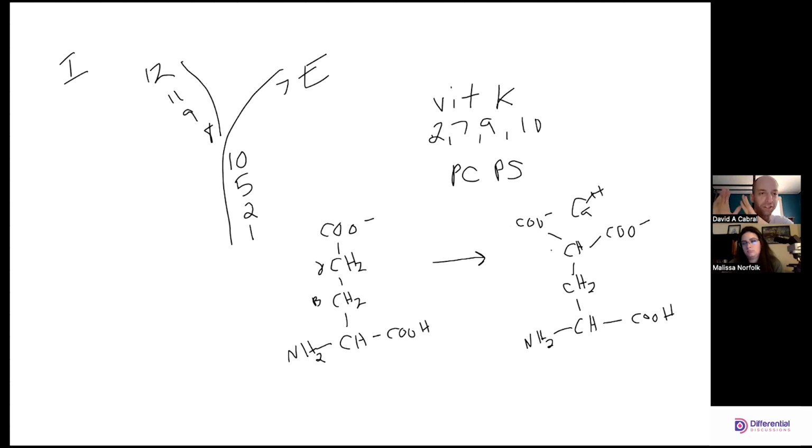So why do we care about this discussion, right? The reason this post-translational adding of the carboxyl group by vitamin K is so important is that you're changing the charge on the molecule. By making it -2, we give a 2+ ion like calcium the opportunity to interact with it.